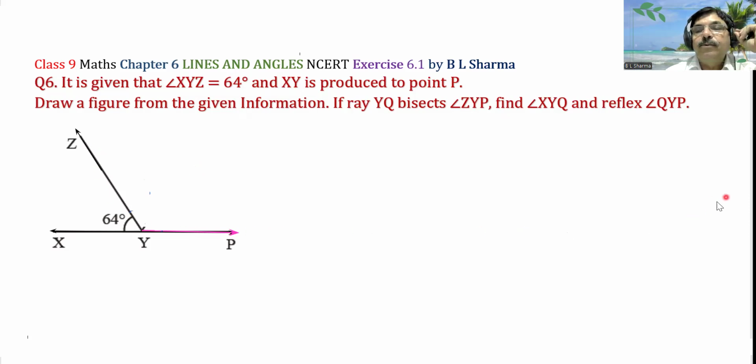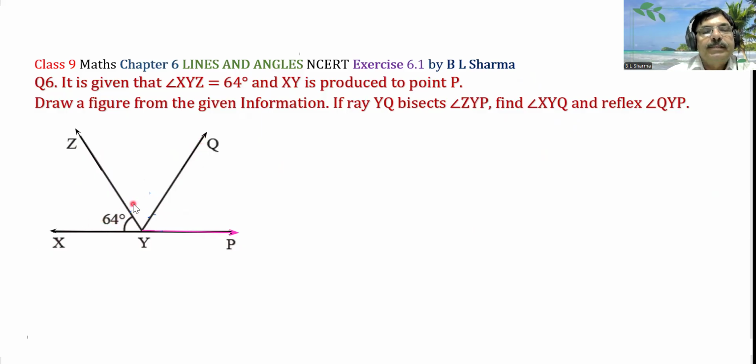Bisect means divide into two equal part. ये देखिए. मीन्स दिस एंगल इज इक्वल टू दिस एंगल. ये इंफॉर्मेशन हमारे पास है. अब हमें एंगल XYQ फाइंड आउट करना होगा.